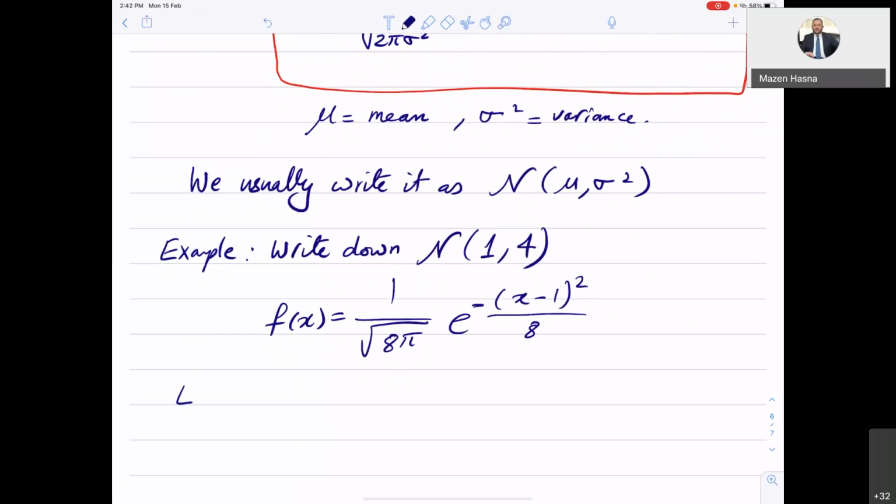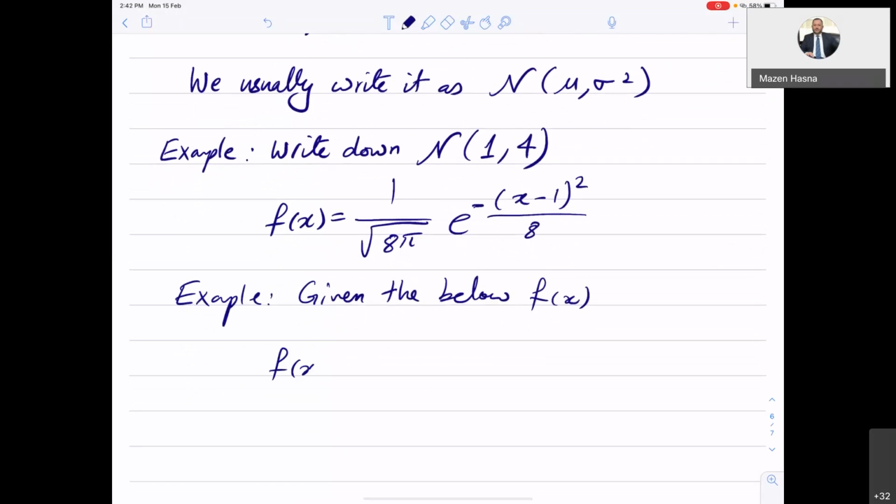I can have another example. Given the below, f of x is just 1 over 4 pi, times e to the minus x squared over 4.